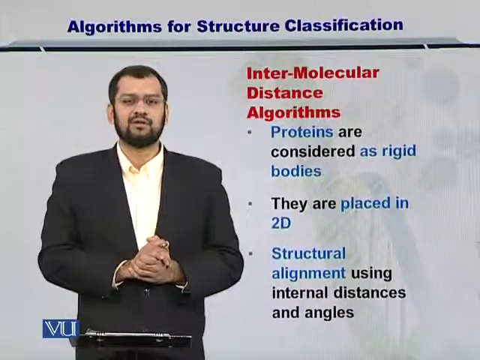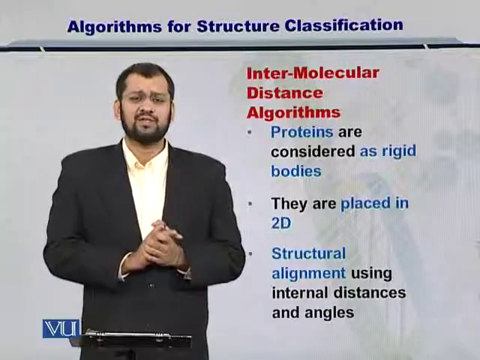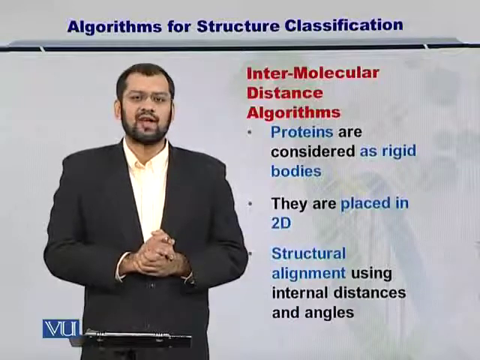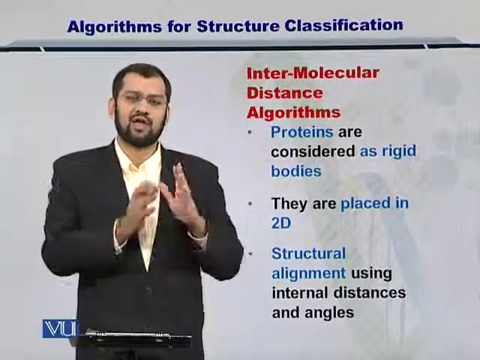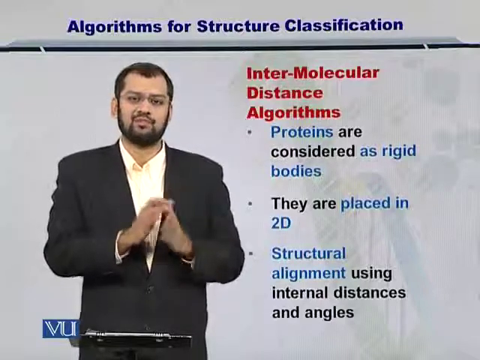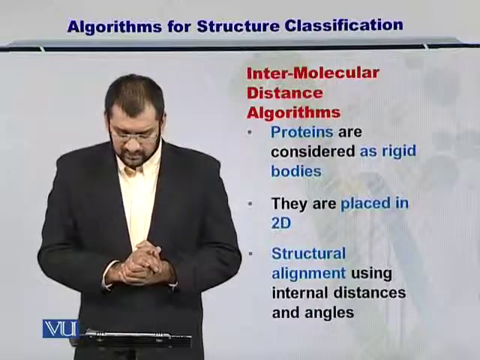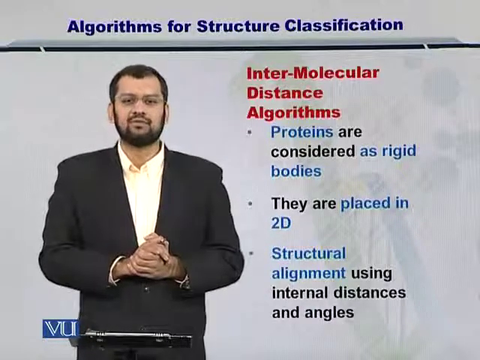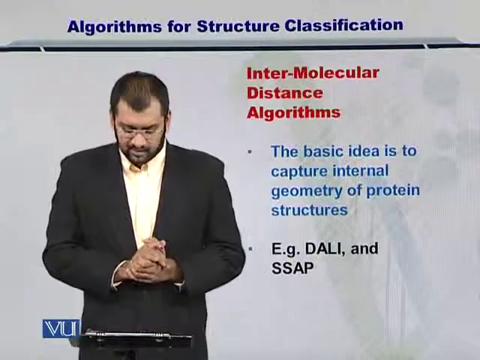Next is the intermolecular distance algorithm. These schemes actually use the distance between different proteins. So in that, you have 2D projections of these proteins, and you're looking at the various torsion angles between the different atoms. So the structural alignment using internal distances and angles is performed in this type of a scheme.